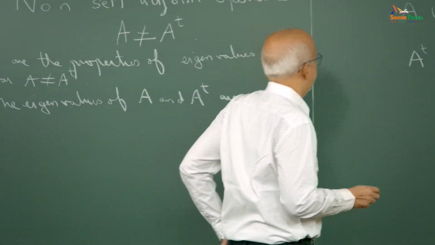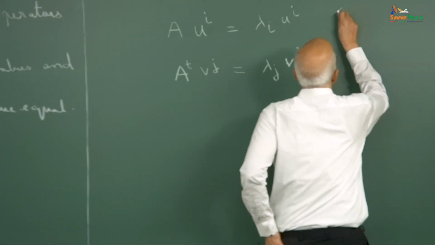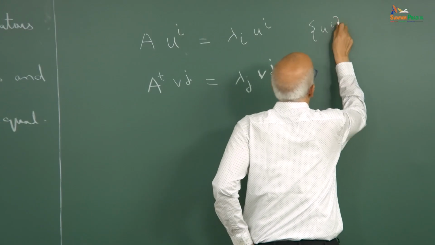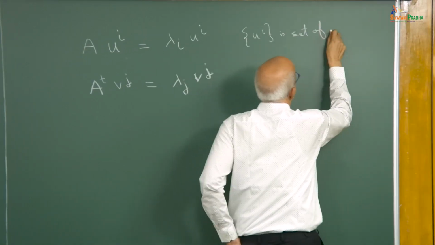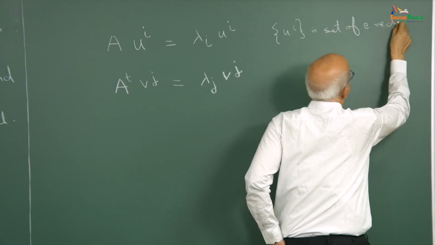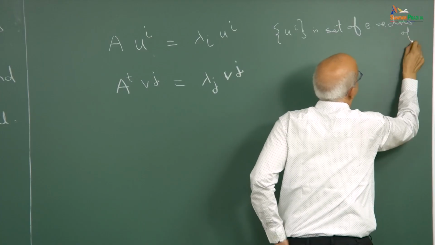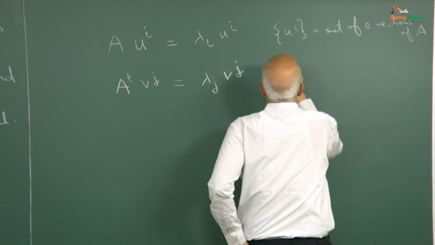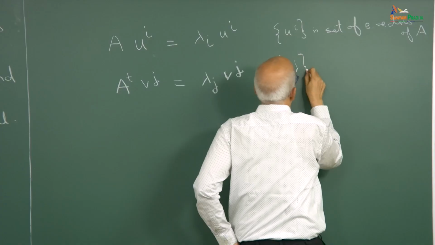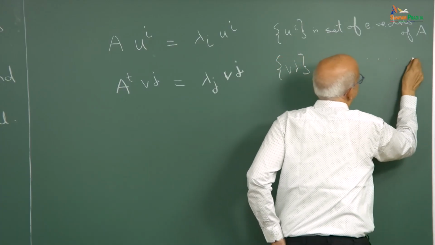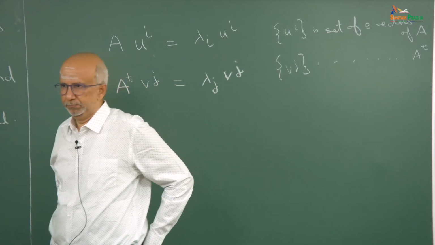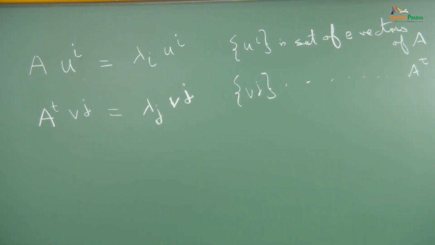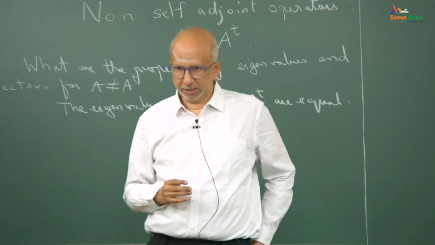So, basically the set ui is the set of eigenvectors of A, and set Vj is the set of eigenvectors of A transpose. Okay, and let's keep life simple. Let's just say we have n eigenvectors, I have an n by n matrix, I have n eigenvectors.